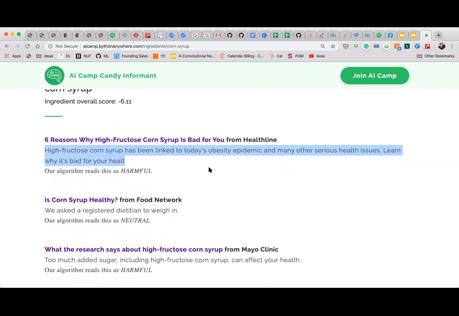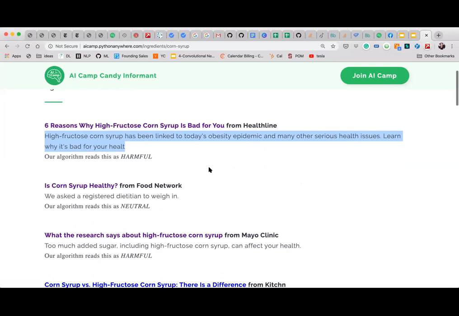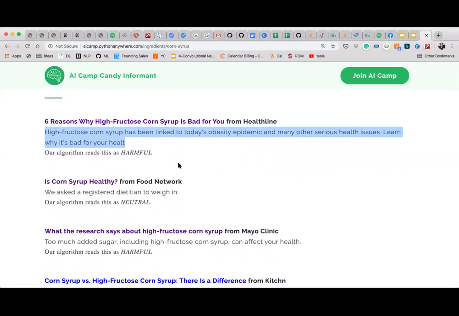Based on those, we labeled each article as a whole, either -1, which means harmful, 0, which means neutral, 1, which means beneficial, or 2, which means irrelevant.